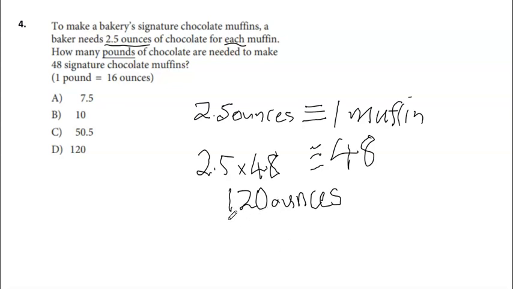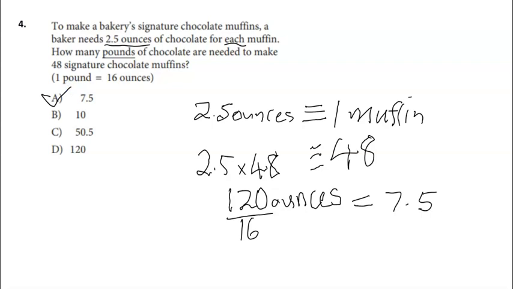So basically we take the 120 ounces and then we divide by 16 ounces, right? When we calculate this, we get 7.5 pounds, right? So our answer is A. All right, so let's go to the next question.